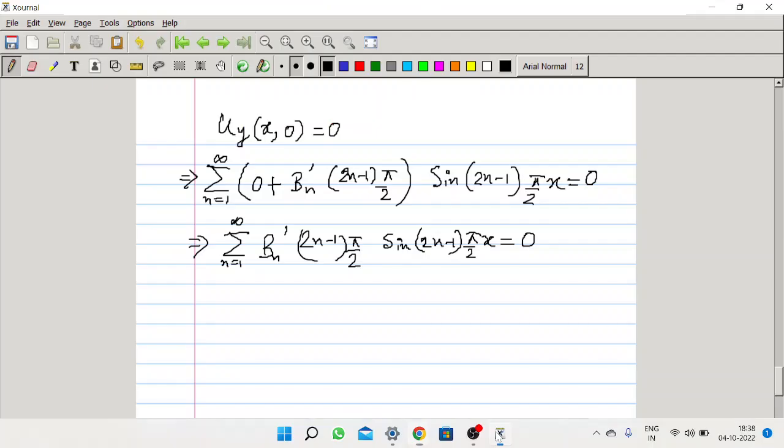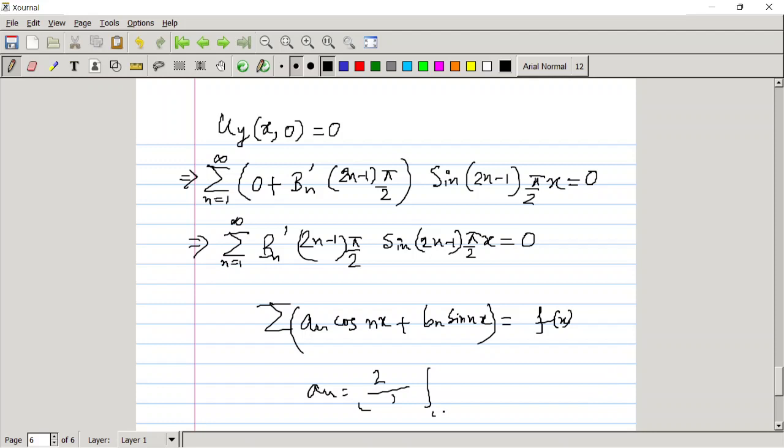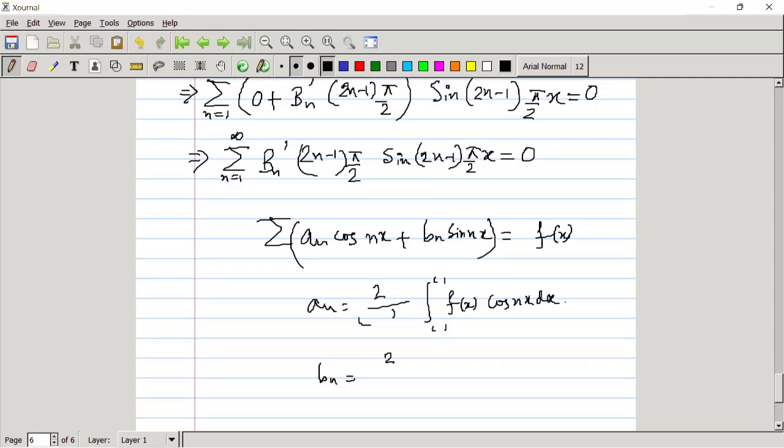Do you know anything about Fourier coefficients, Fourier series? Summation an cos nx plus bn sin nx equal to f(x). So what are an and bn? An equals 2 by the length of the interval, integral from lower limit to upper limit of f(x) cos nx dx, right? And bn equals 2 by the length of the interval, integral from lower limit to upper limit of f(x) sin nx dx.